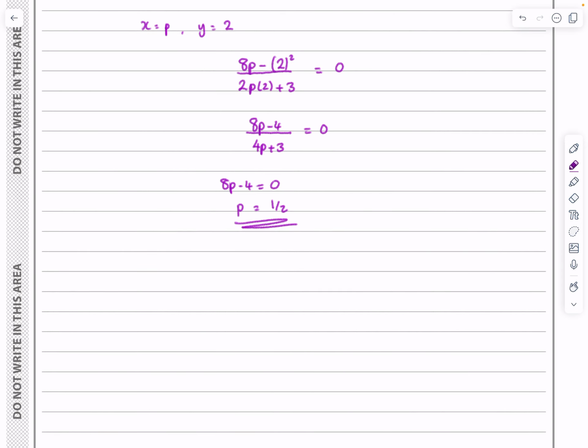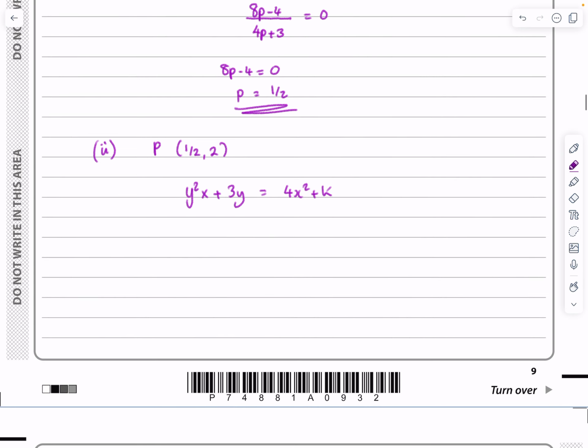So for part 2, P is actually the point (a half, 2), instead of it being (p, 2). If that's true, we can put that into our original equation. So let's just quote our original equation again, which was y squared x plus 3y is equal to 4x squared plus k. But I know that x being equal to a half and y being equal to 2 satisfies that.